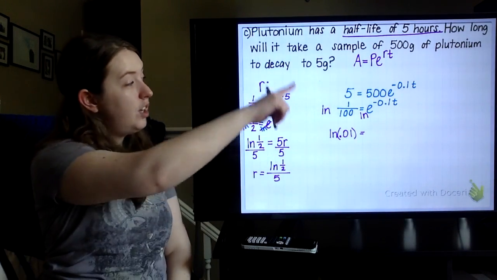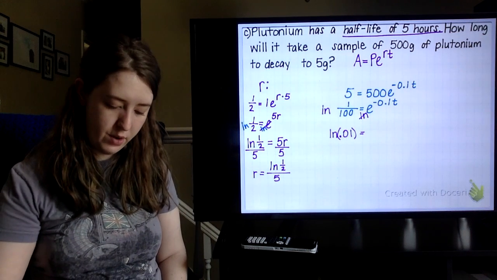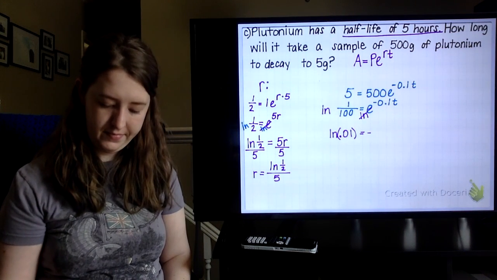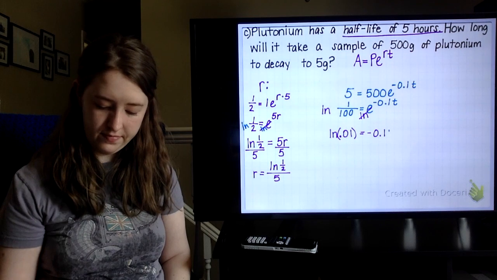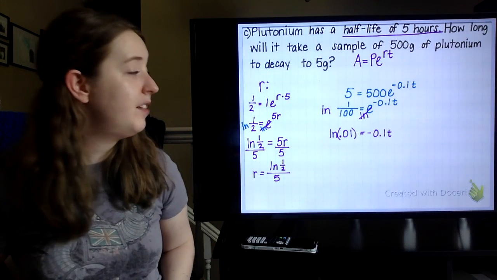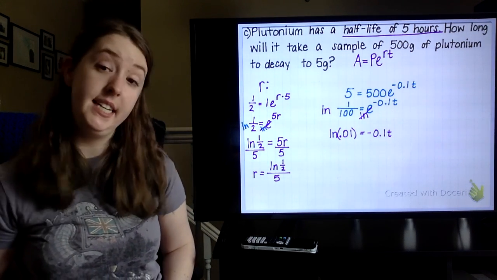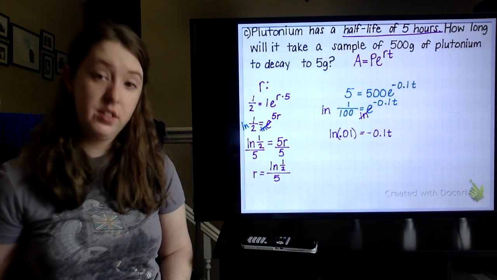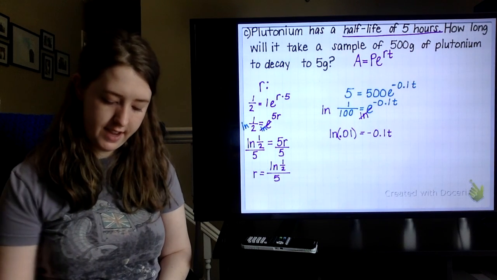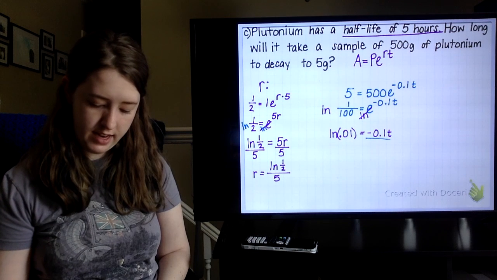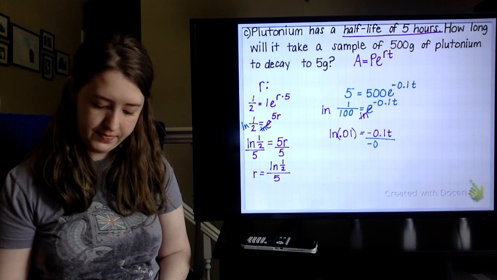Over here, natural log and e cancel each other out, so I'm left with negative 0.138t. Now I need to get t by itself, so I will divide by that rate that I had earlier.